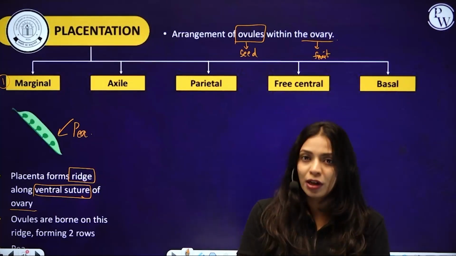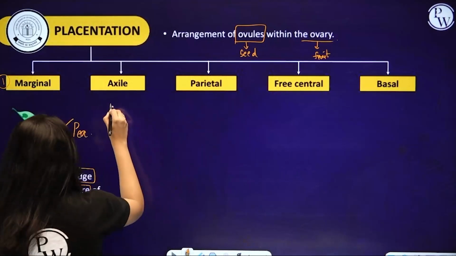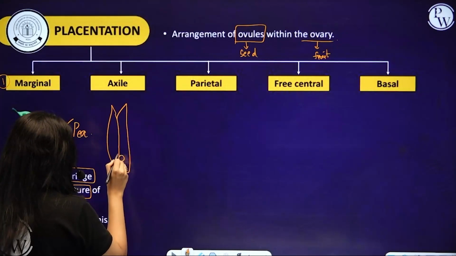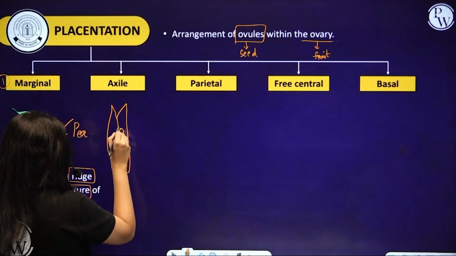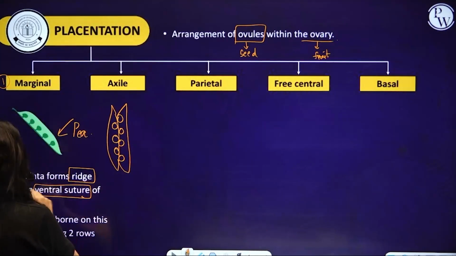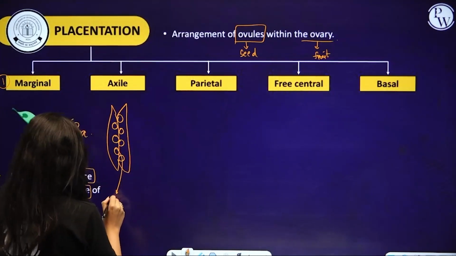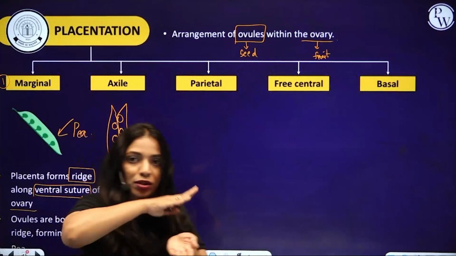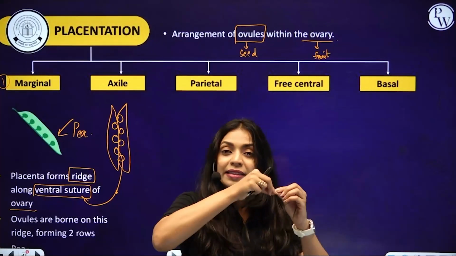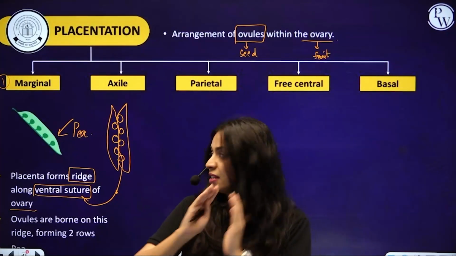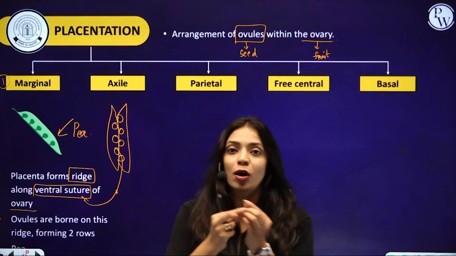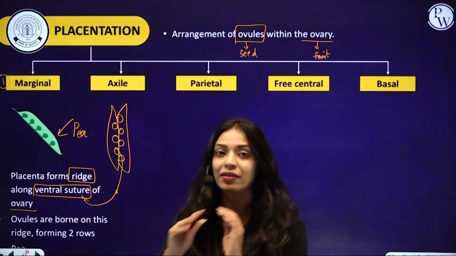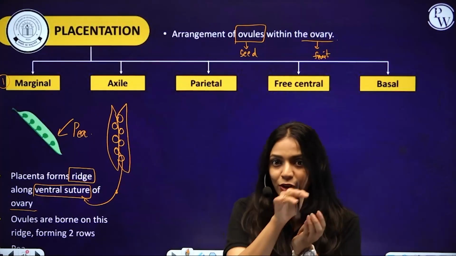If you slit open a pea pod, you can see that the seeds are arranged like this. Okay, so this itself is the ventral suture. This ventral suture has an elevation. It is not flat. There is an elevation that is called the ridge. So inside here, the placenta will form an elevated structure which is called the ridge. At the ventral suture, wherever the two parts have joined ventrally, over there you can see a ridge.